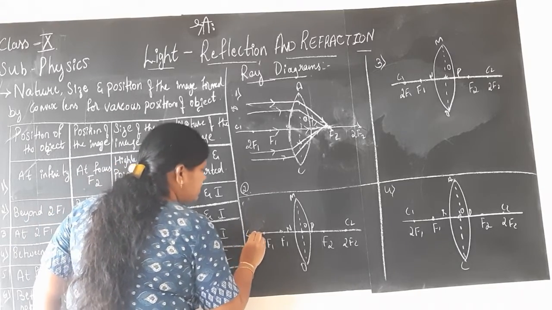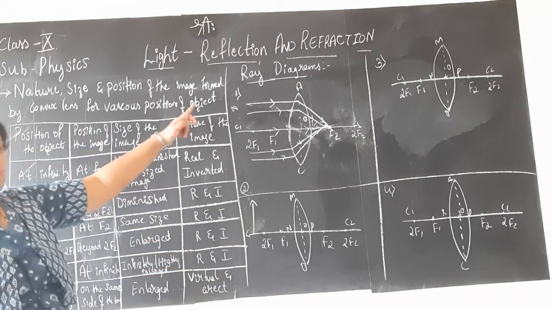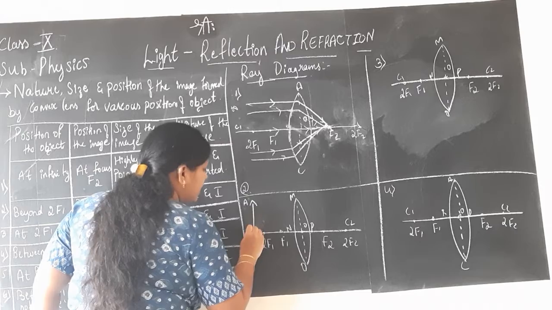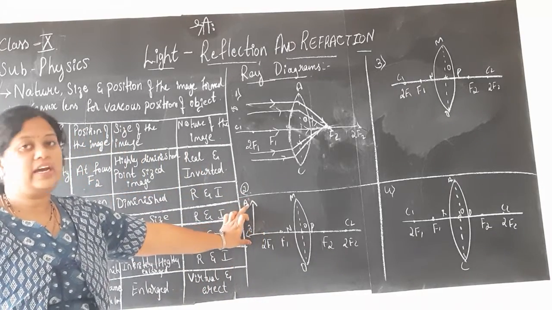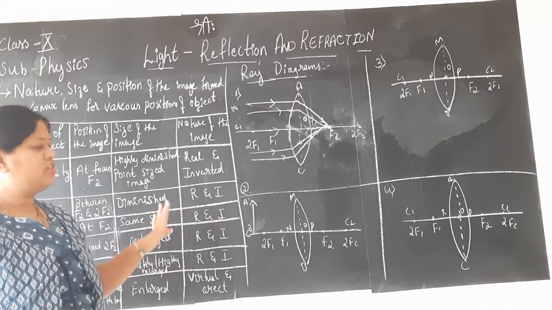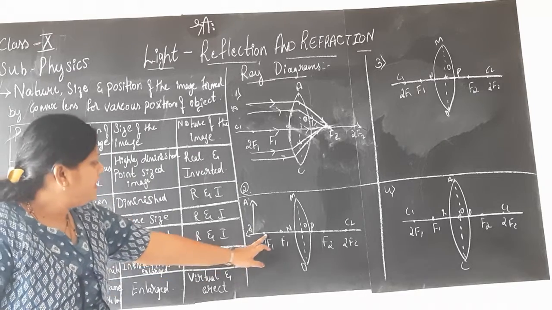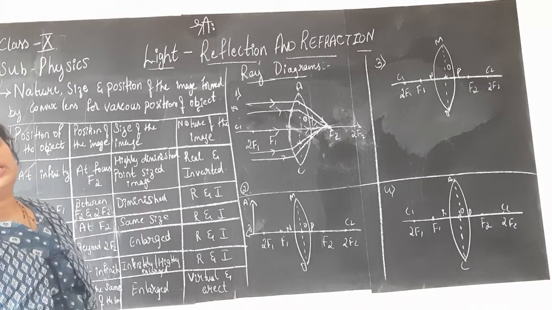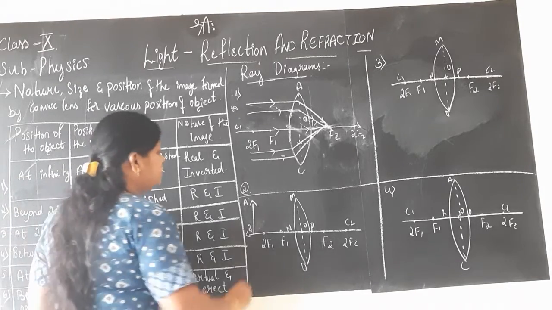So I should place the object here. Arrow mark, arrow head upwards always for the object. A and B is the object. Now height of the object, height of the image, as we did in the mirror, same story, no change at all. So AB is the object, which is placed beyond 2F1. As we all know, minimum of 2 rays of light we should show to say that the image of the object is formed.